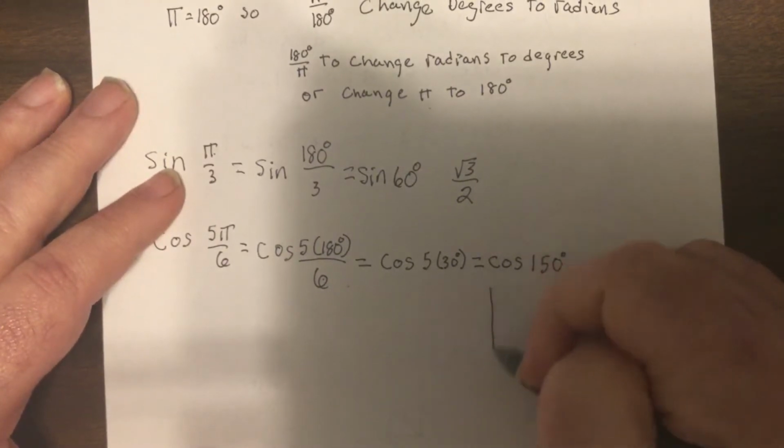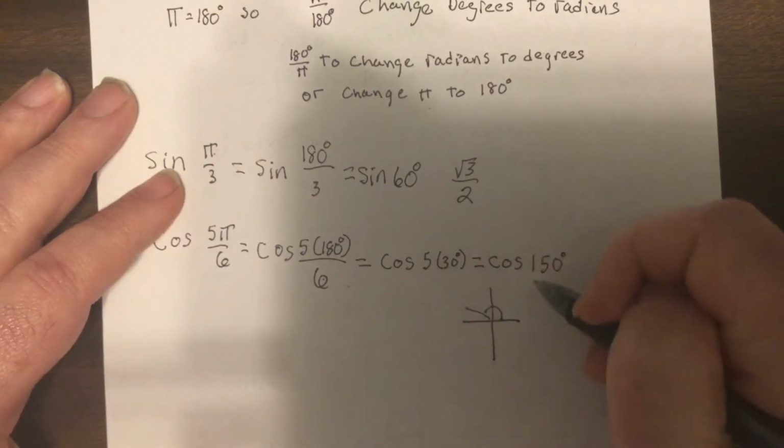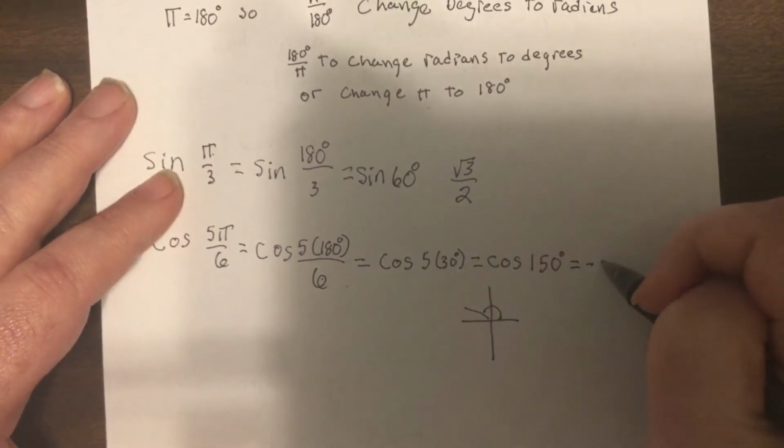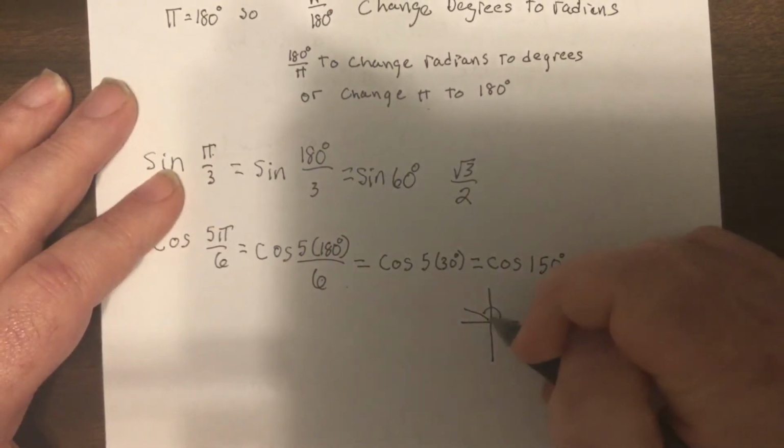So I would say, okay, 150, second quadrant, cosine is negative, and the reference angle is 30.